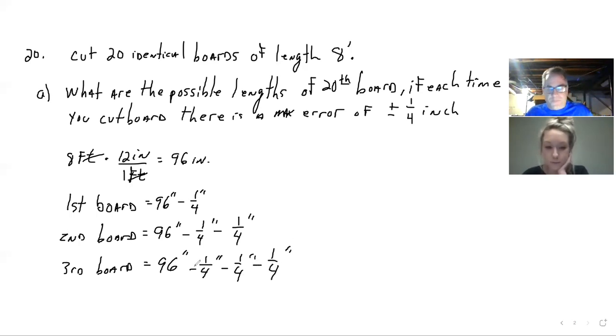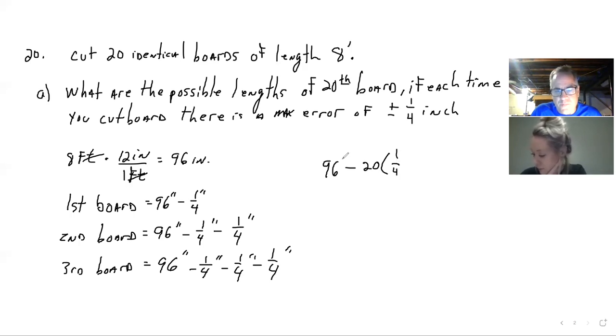I keep doing this till I get 20 boards. So it would be easier to just go 96 minus 20 times 1/4. And now 4 goes into 20, luckily enough, so we could just do this mentally.